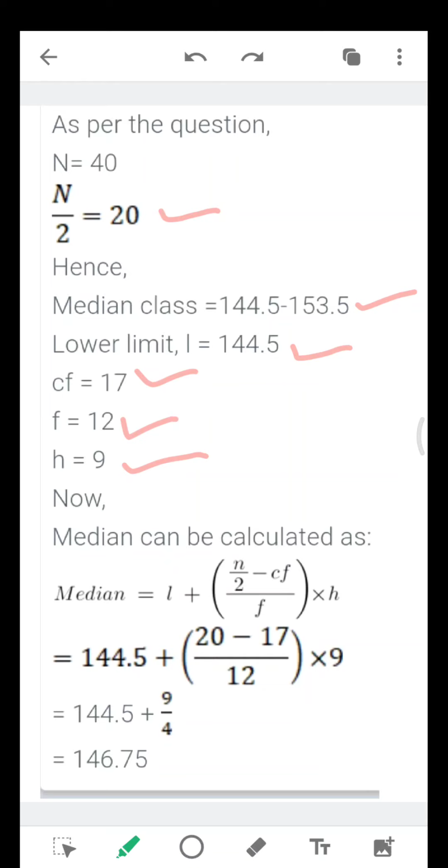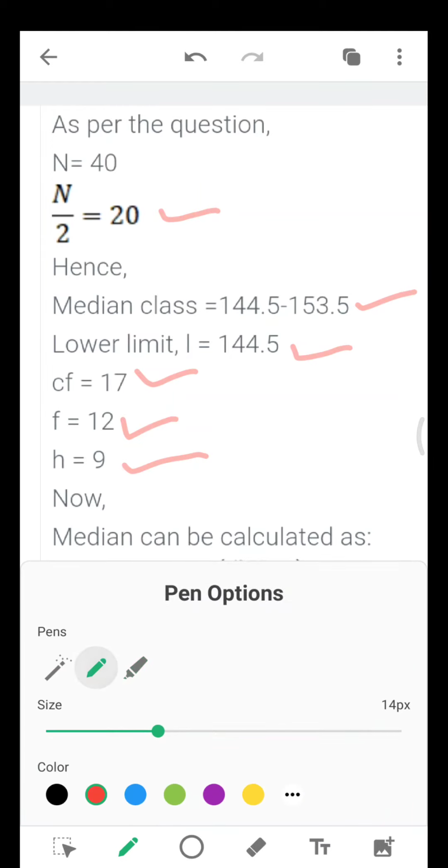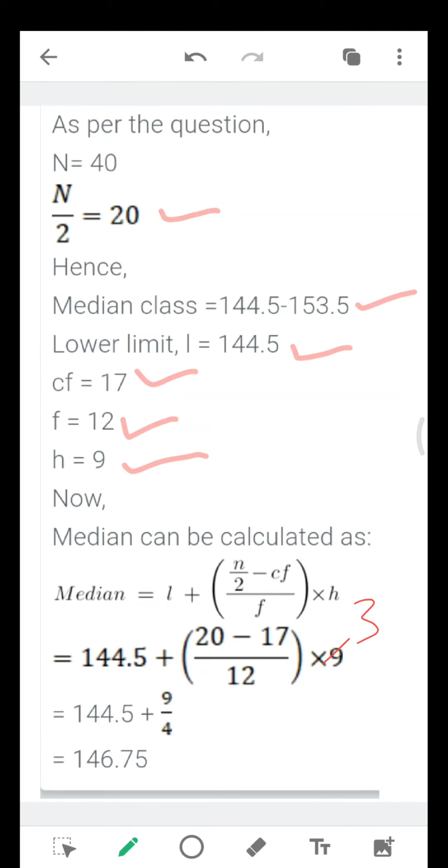Substituting all the values: L is 144.5, n by 2 is 20 minus Cf 17, by f is 12, into h is 9. Simplifying all this, first you can cancel: 3 times 3, 4 times. 20 minus 17 is 3, so 3 multiplied by 3 is 9 by 4.